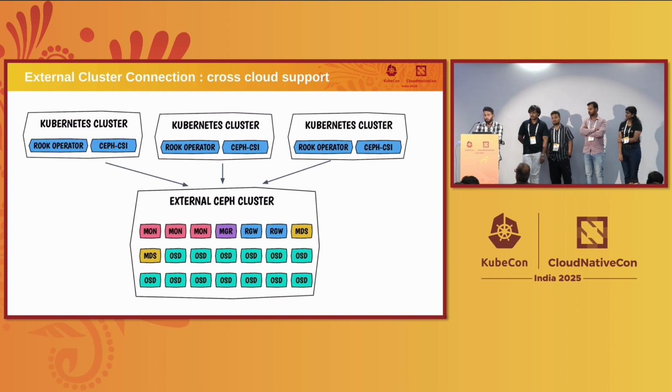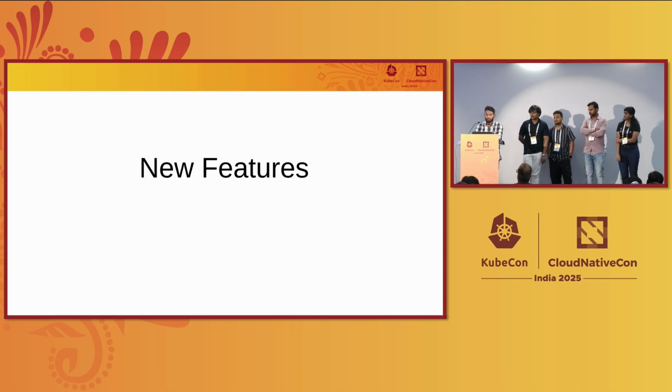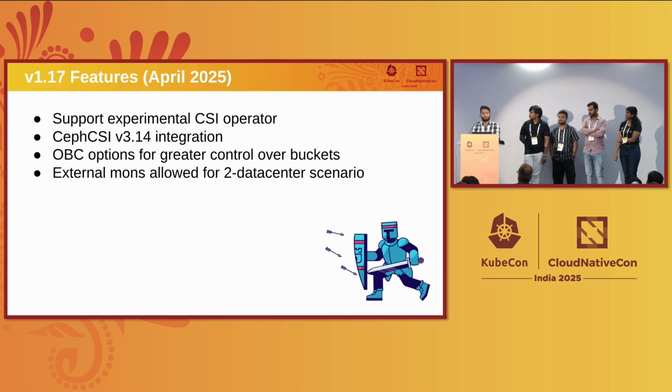And one Ceph cluster can be connected with multiple Kubernetes clusters. Coming to new features in the 1.17 Rook release, which happened in April this year, we added experimental support for the CSI driver. Rakshith and Nikhil will be talking more about the CSI driver.